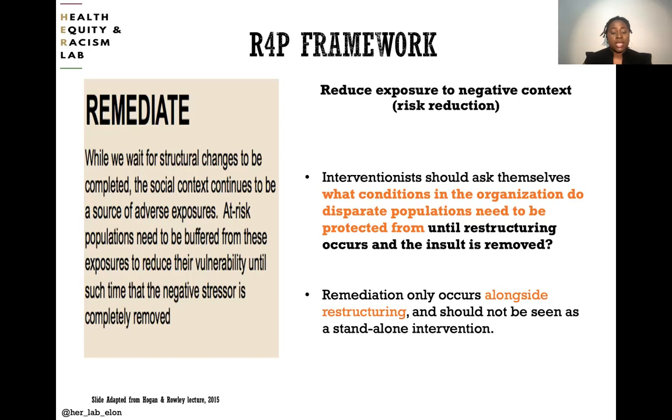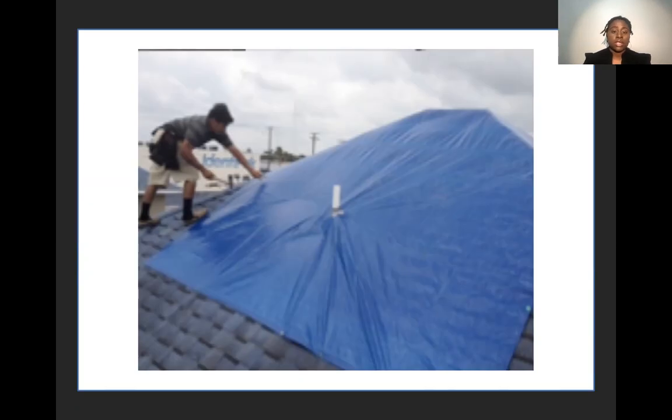It's meant to examine how the social context continues to be a source of adverse exposures currently, and how at-risk populations need to be buffered from these exposures to reduce that vulnerability. One way to think about remediate is in the immediate moment, how are you going to take away those risks that impede upon someone's health?